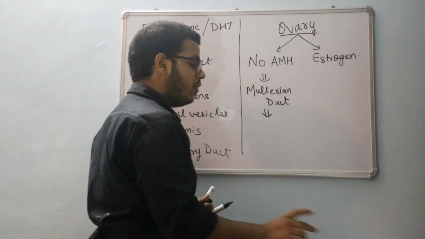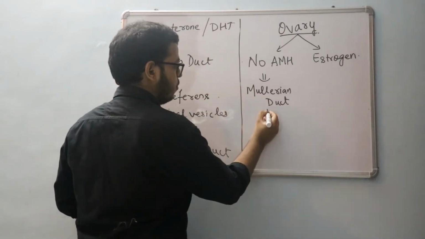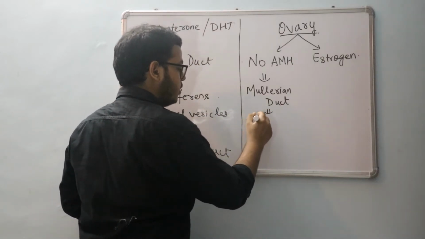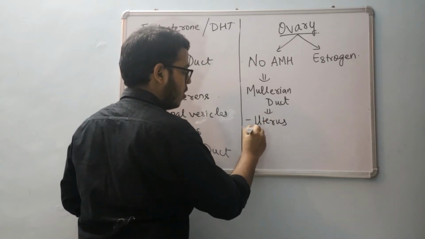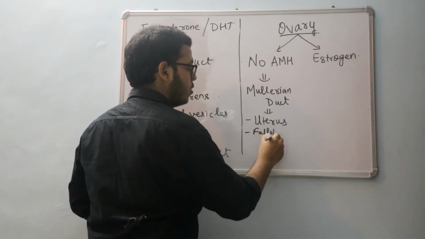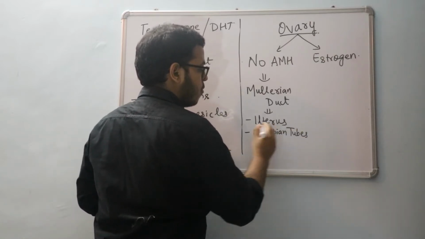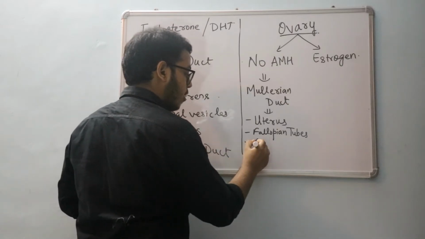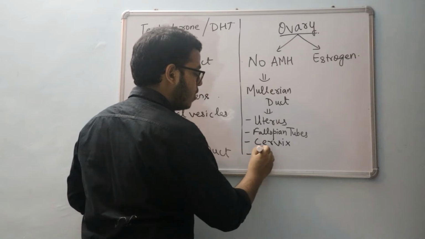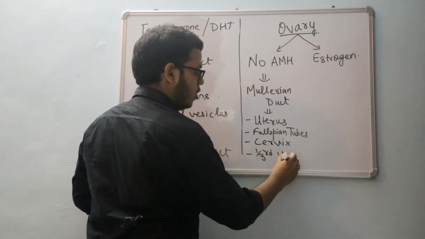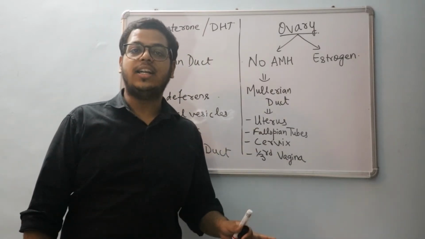What will it give rise to? It will form the uterus, the fallopian tubes, the cervix, and one-third of the vagina. The rest two-thirds is part of the external genitalia.